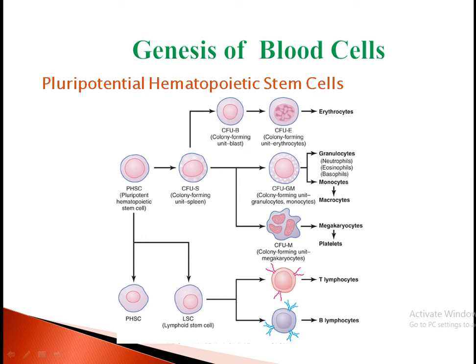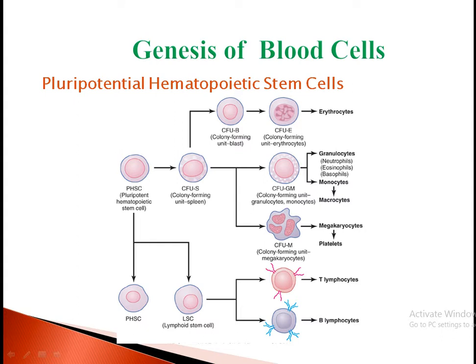Now comes the genesis of the blood cells, different developmental stages. The red blood cells begin their lives in the bone marrow from a single type of cell, which is called the pluripotential hematopoietic stem cell, from which all the cells of the circulating blood are eventually derived. As these cells reproduce, a small portion of them remains exactly like the original pluripotent cell and is retained in the bone marrow to maintain a supply of these, although their number diminishes with age.